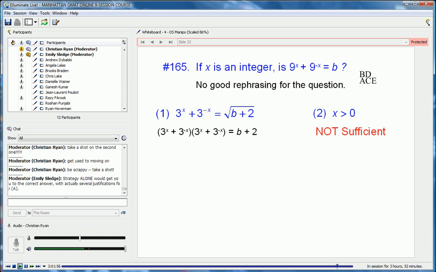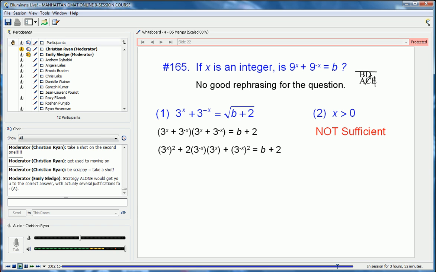You should be getting this down to A or E, being scrappy, and then getting rid of E just on a guess and going for A, thinking that statement 1 should be enough on its own to answer yes or no.